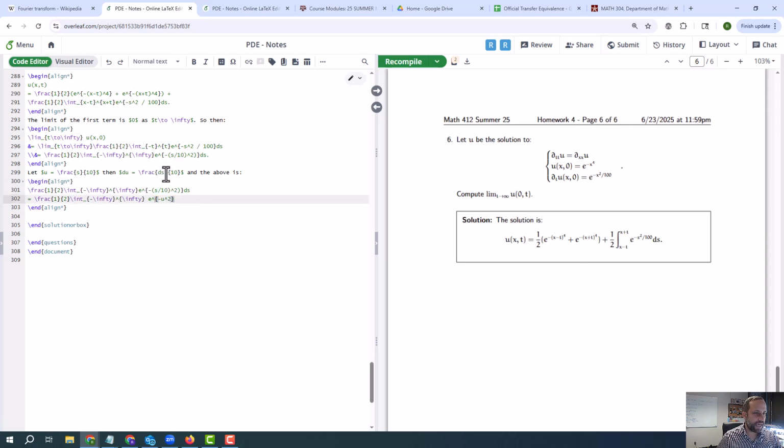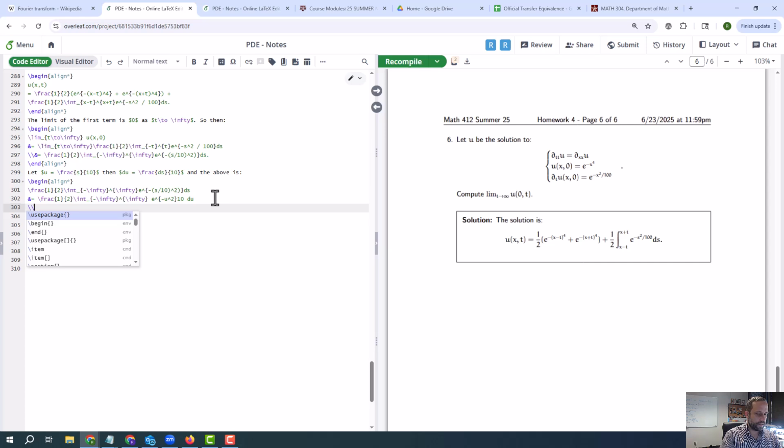And now ds is equal to 10 du, so this is going to be 10 du, and this is equal to, okay, I'm going to factor the 10 out over here, so it's going to be 10 over 2, that's going to be 5 times this integral, but I need to get rid of the 2.